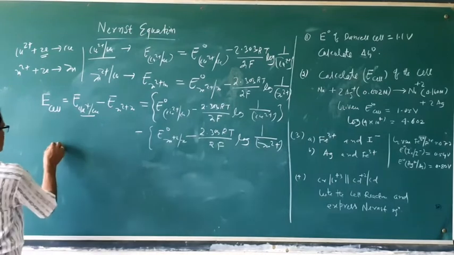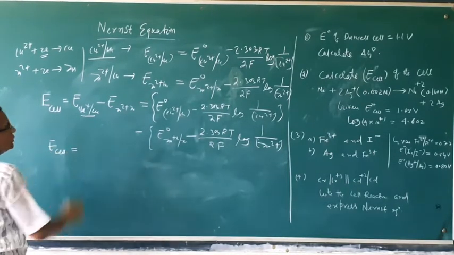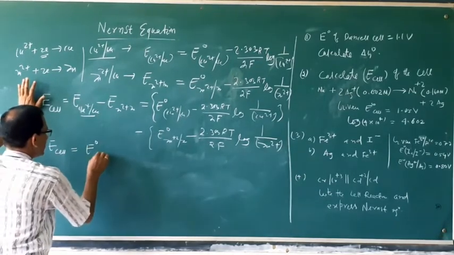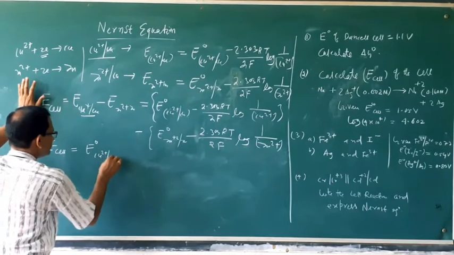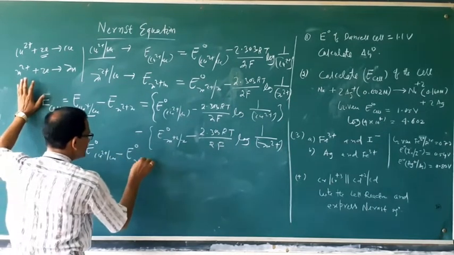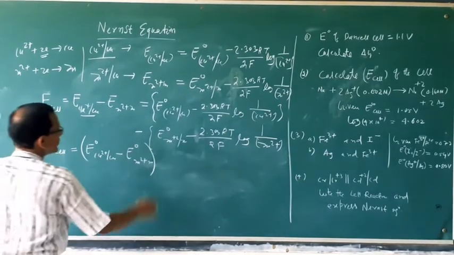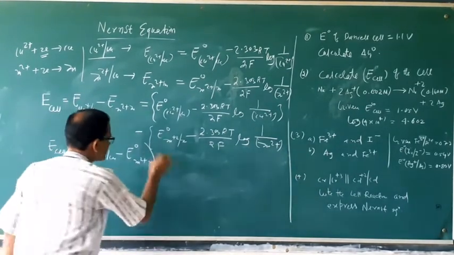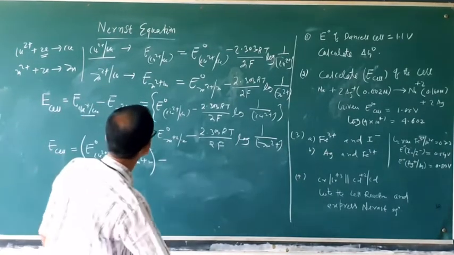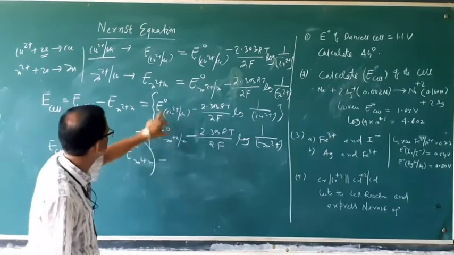So if you arrange this, the result will be E naught of copper minus E naught of zinc. Then take the minus sign. E naught will be completed, this minus this.